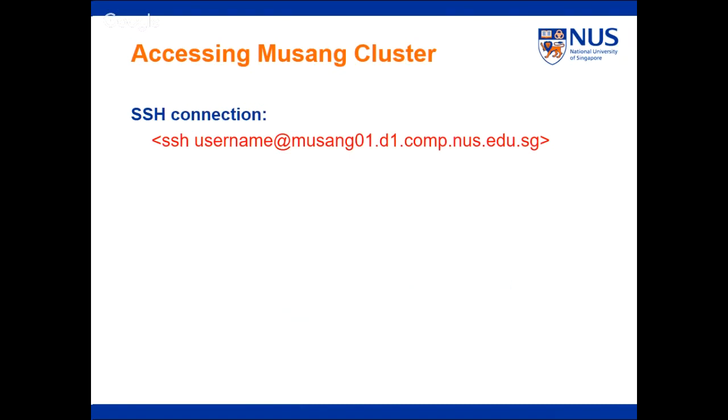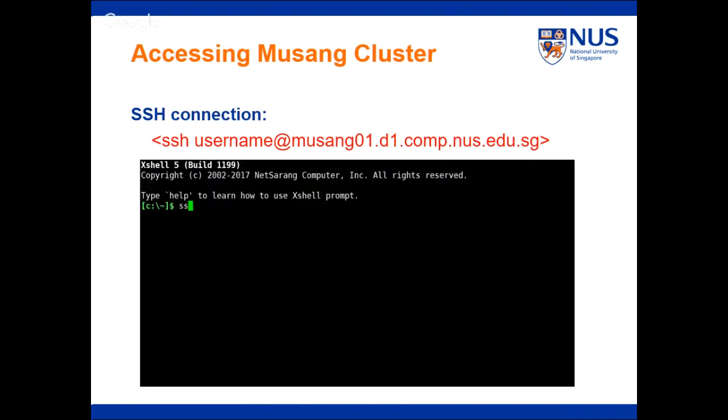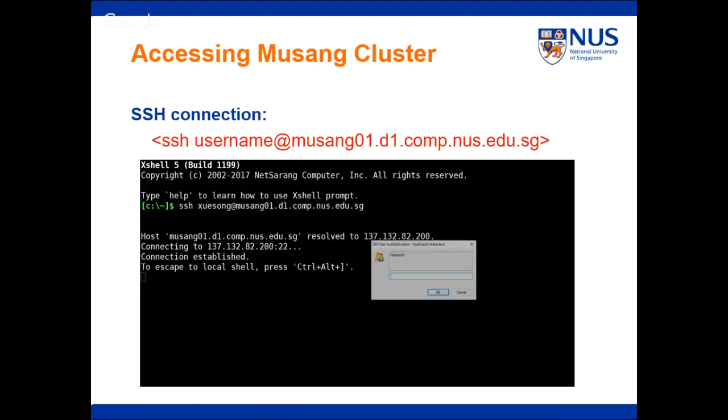Okay, so let's see how we can access it. Basically, you issue an SSH connection to the server by giving the username and the host name of the cluster, which is musa01.01conf.us.edu.sg. There are 2 ways to connect. The first one is using command lines in some shell interface.